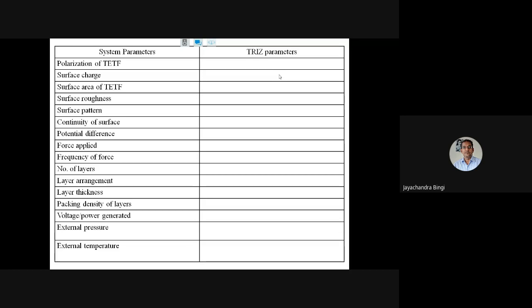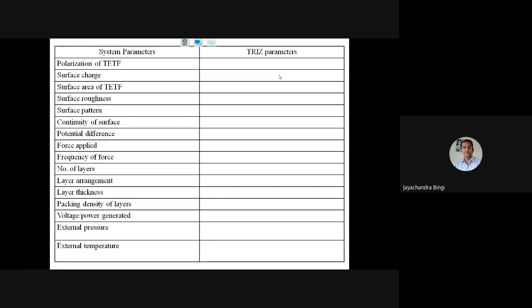Number of layers is always related to density, but number of layers per unit area, it's not like that. Suppose you consider number of layers per unit volume or per unit thickness, unit length, then that is related to strength all the time.